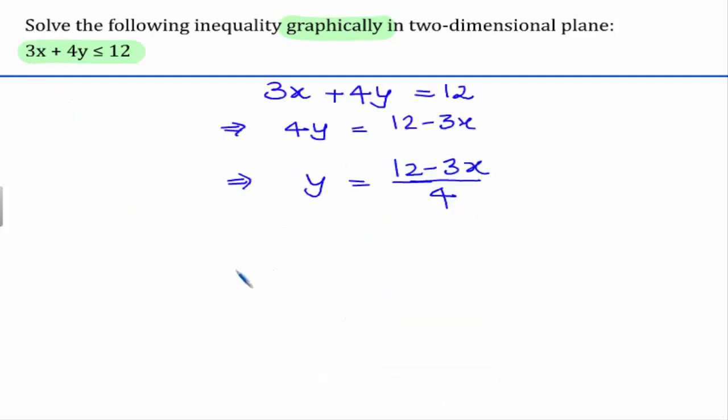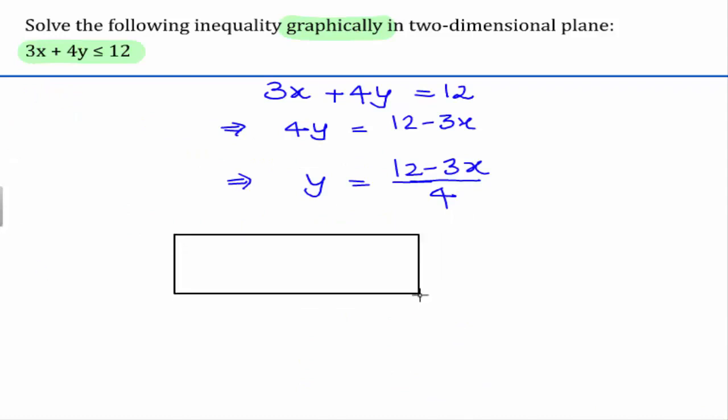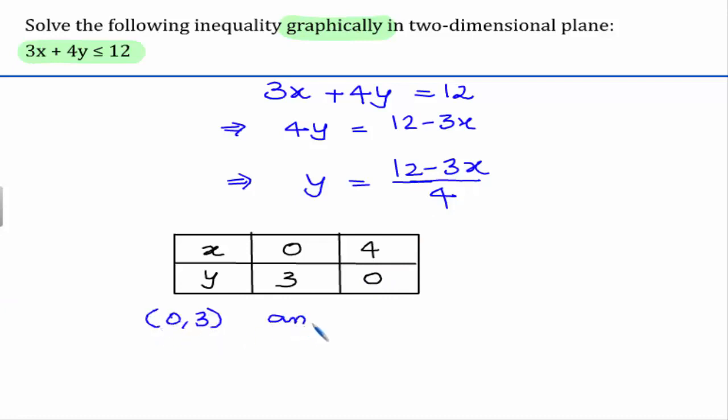Now let us select the values for x with the help of a table. If x is equal to 0, this will be 12 by 4, which is 3. And if x is equal to 4, then this will be 12 minus 12, which is 0. So the ordered pairs are (0, 3) and (4, 0).